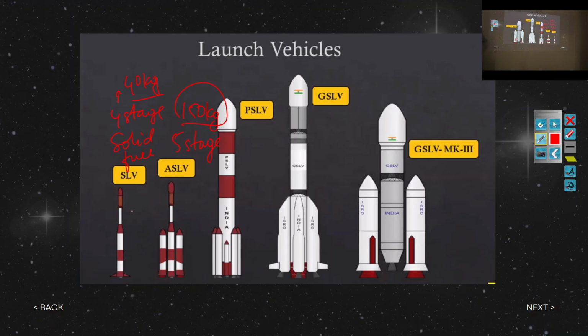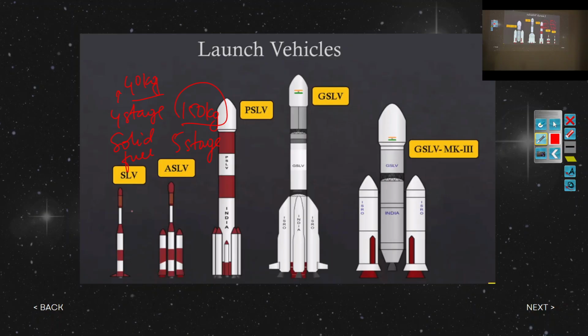ASLV. After that India indigenously built the Polar Satellite Launch Vehicle, PSLV. When PSLV came, the fuel was a mix. If you use only solid, the total weight of the rocket will be more, but we want to increase the payload here.